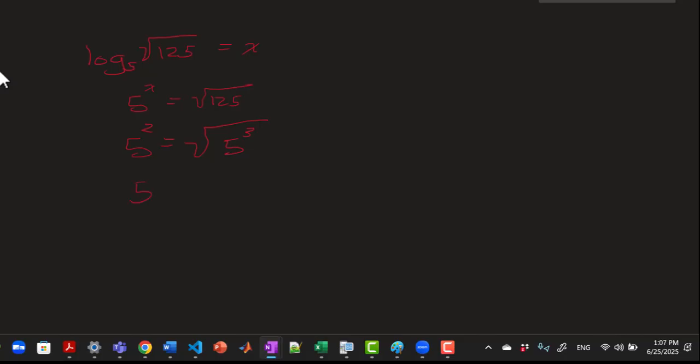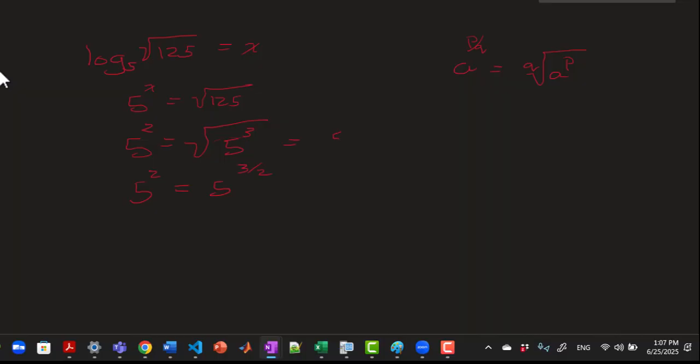And then you remember that if I have a number a to the p over q, that means the qth root of a to the p. So when I have the square root, that's the same as raised to the 1/2. And so when I have the square root of 5 to the third, that's the same as 5 raised to the 3/2.